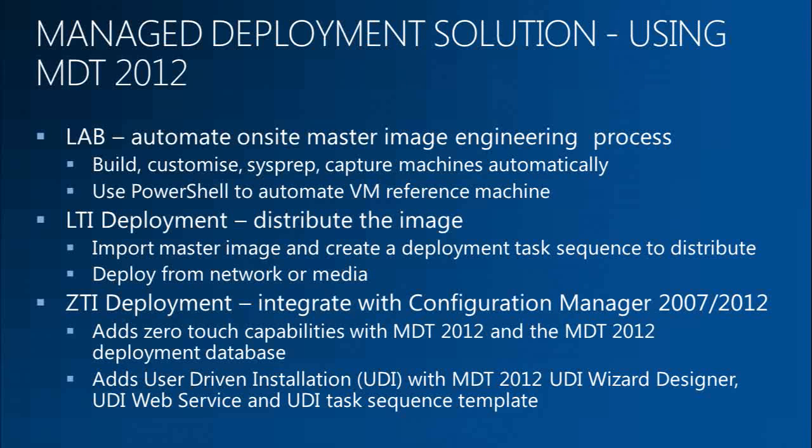So we come to a point where they actually say, yeah, well, actually, we do need to create a custom image. It's not as custom as we used to do it, with all sorts of things in it, like Office and Acrobat and various other things. We like to keep the image as thin as possible, but there's still often a requirement to create a custom image, and we use MDT to do that.